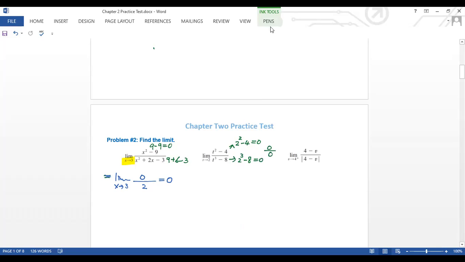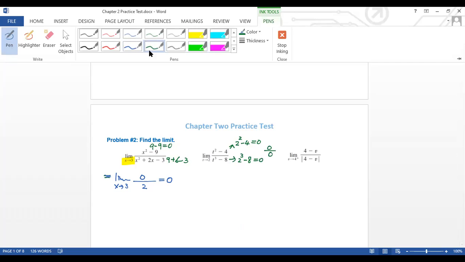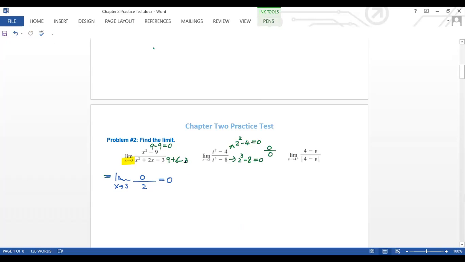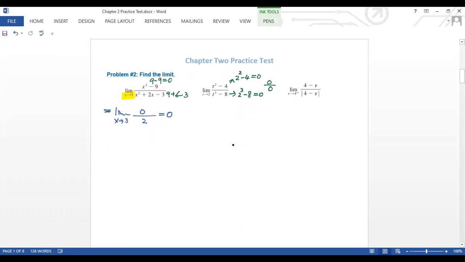You remember during the lecture, we said if you run into the 0 over 0 situation, the first thing to try is to factor out the trouble terms, right? So this is t squared minus 4 over t cubed minus 8.